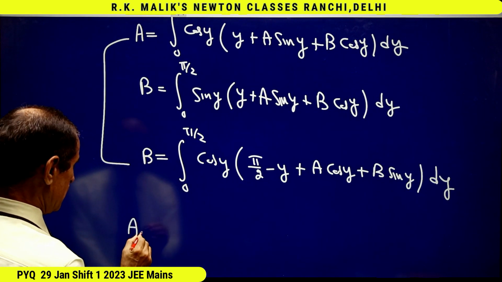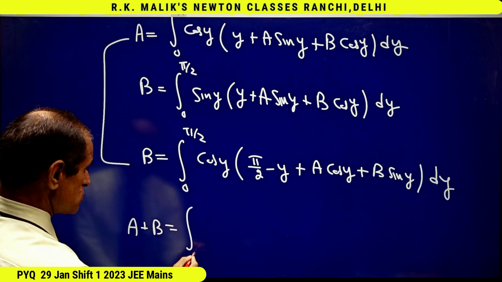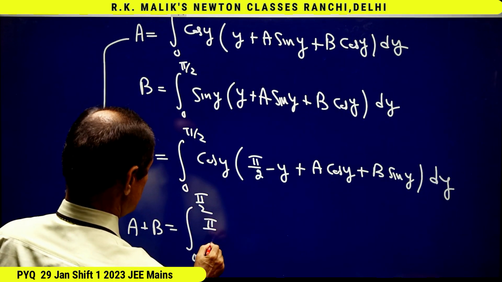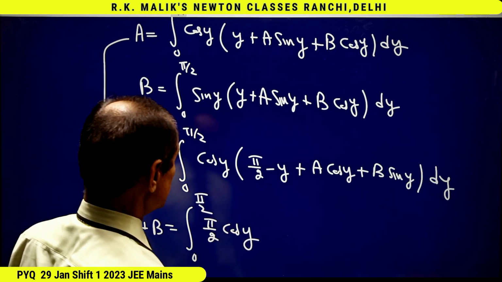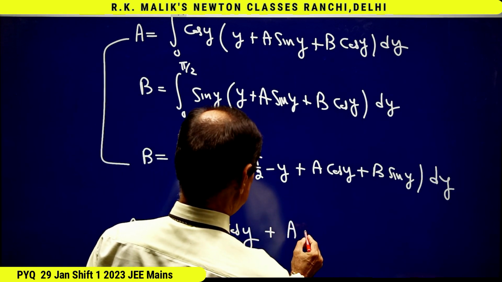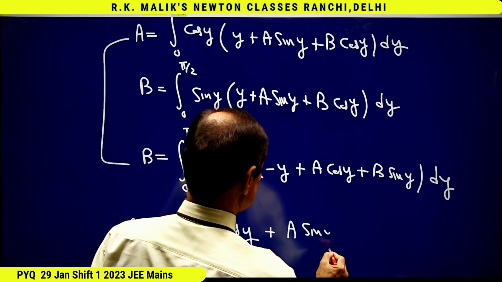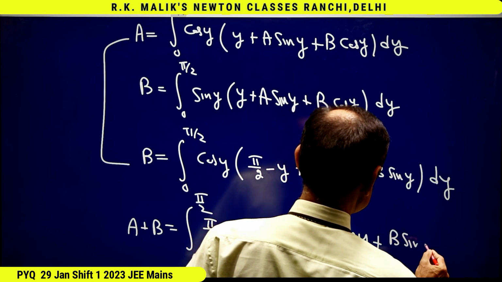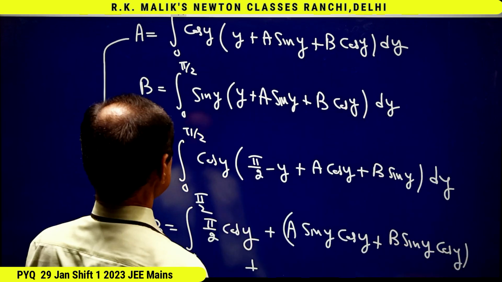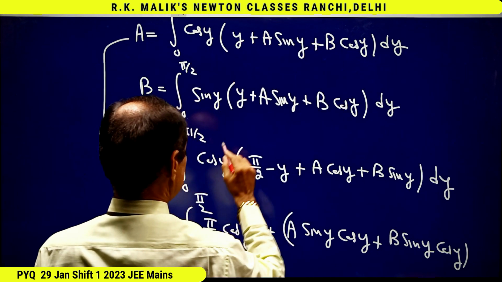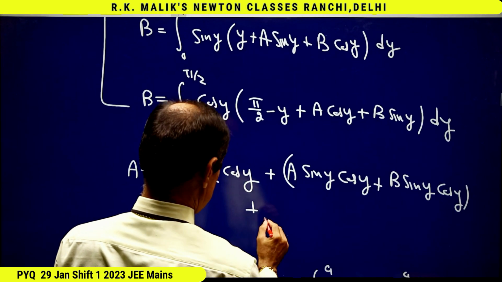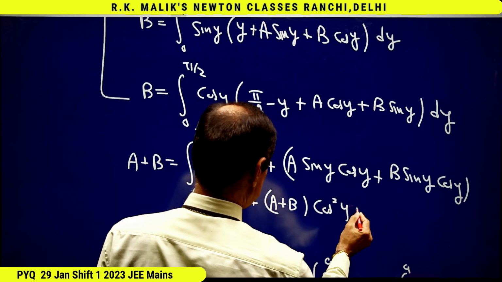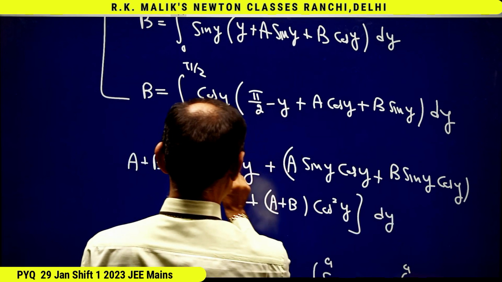See, a plus b is equal to integral 0 to pi by 2 of cos y plus a sin y cos y plus b sin y cos y. And now b cos y and a cos y, that is a plus b into cos y dy.